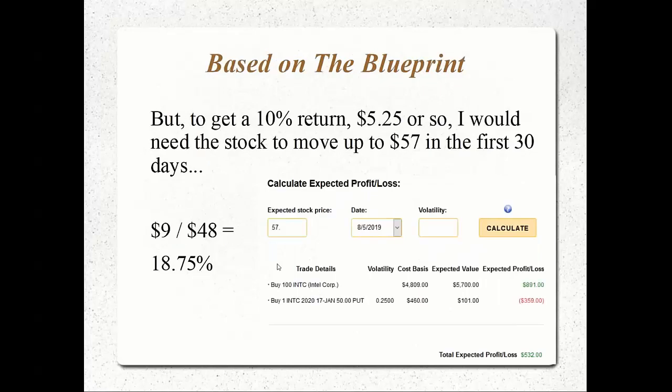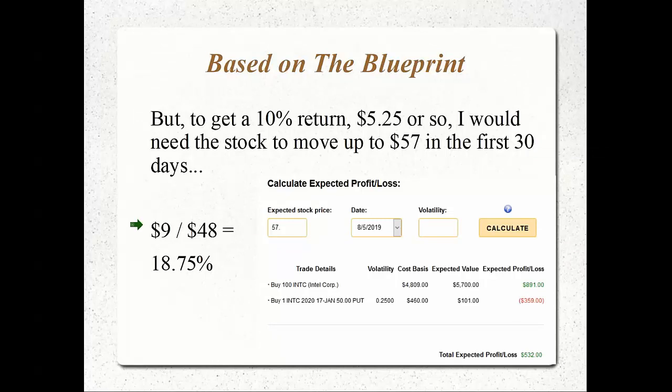To get a 10% return on that investment of $52.69, remember, I have to consider not just the stock but what I invested in total, so the return might be around $5.25 or $5.30. To get that in the first four weeks, roughly the first 30 days, I need the stock to be trading at about $57 per share.